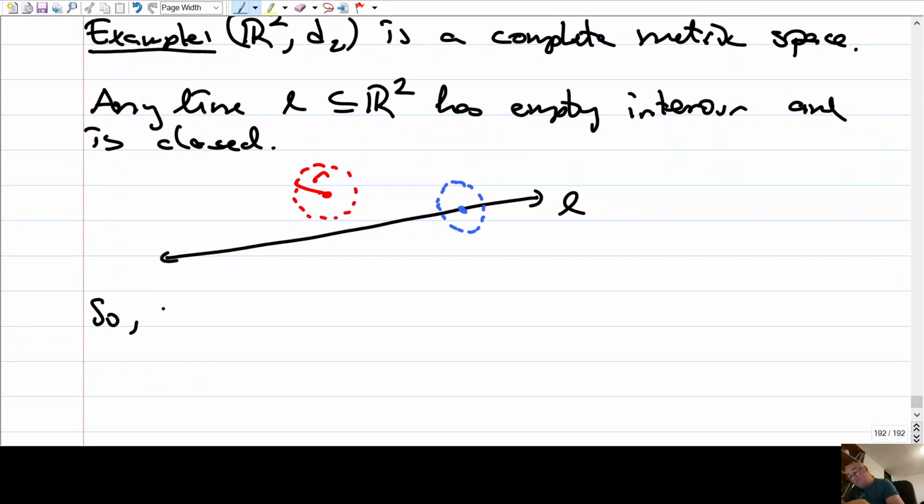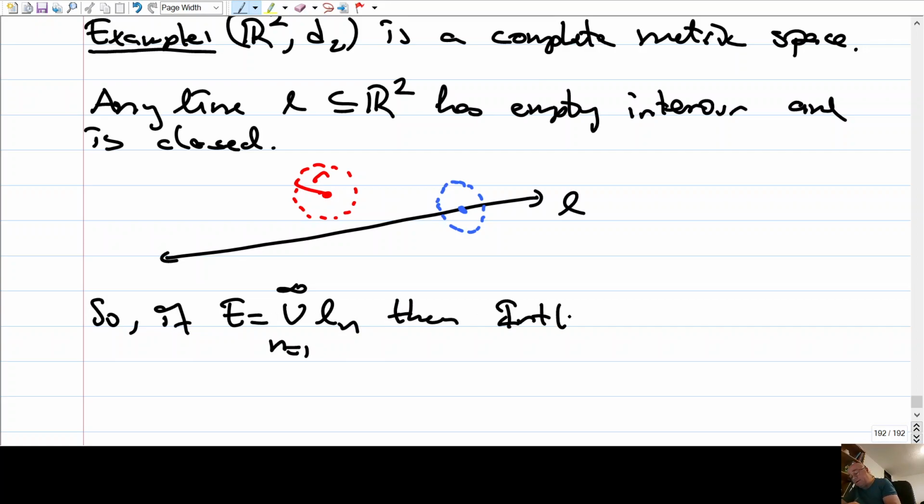If E is a union of countably many lines, then the interior of E must be empty, because I have a countable union of closed sets where each of them has empty interior.